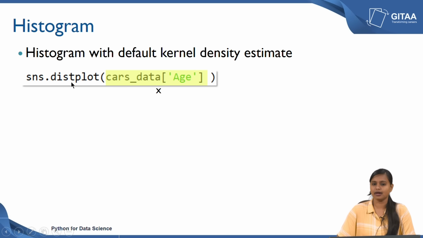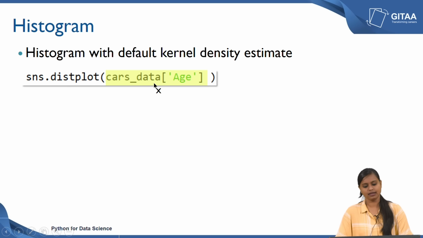The command that needs to be used is distplot, that is the representative of distribution plot. Since that is from the Seaborn library, I have used sns.distplot, and the input should be any numerical variable or any continuous variable, because a histogram can be plotted to check the frequency distribution of any continuous variable.